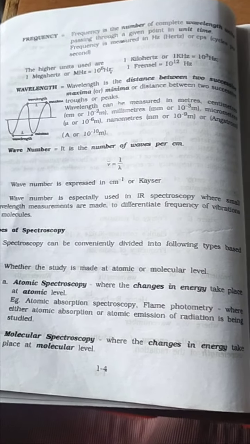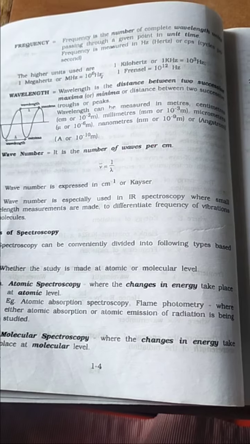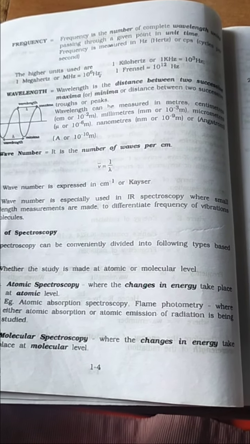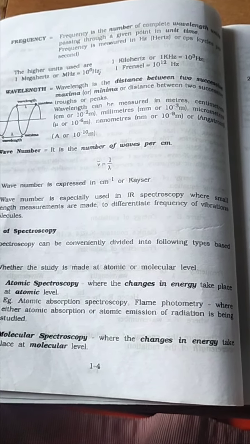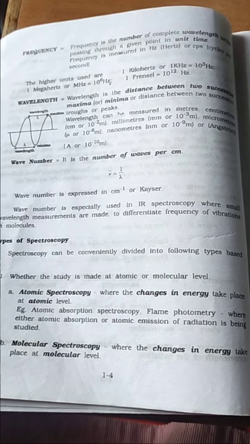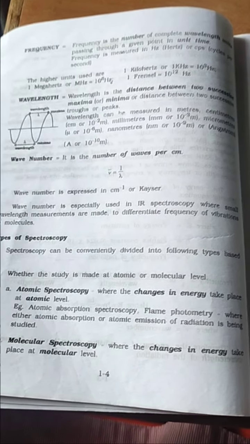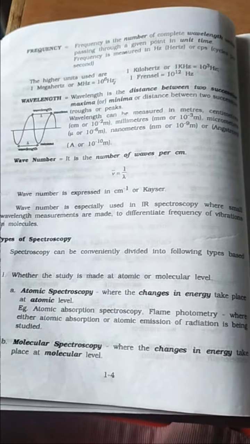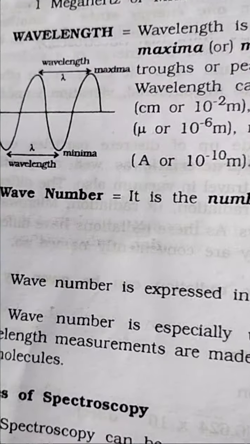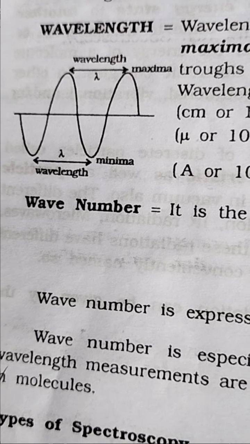Here is the wavelength definition. The wavelength is the distance between two successive maxima or minima, that is, between two successive peaks. Here we observe the diagram, and it shows the distance.